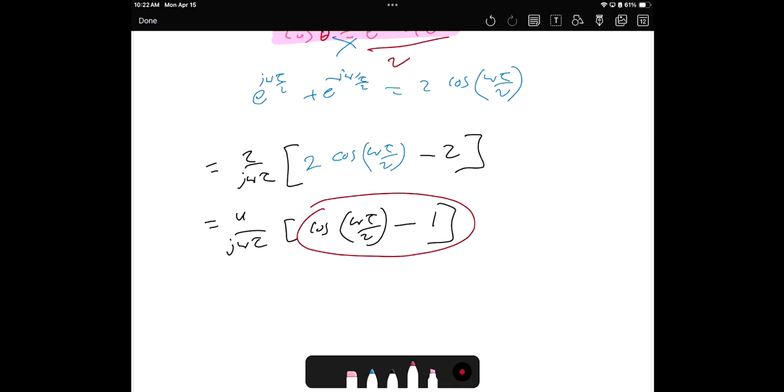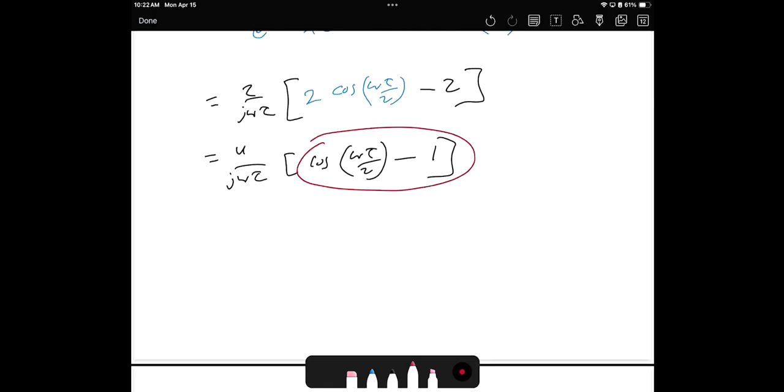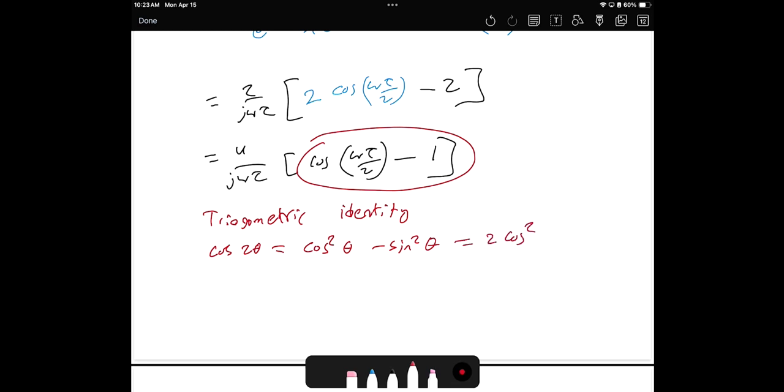Now it's like a math course more than a signals course, so we need to simplify it more. How can we simplify it? Recall the trigonometric identity: cosine 2θ equals cosine squared θ minus sine squared θ, or it can be 2 cosine squared θ minus 1, or it can be 1 minus 2 sine squared θ.